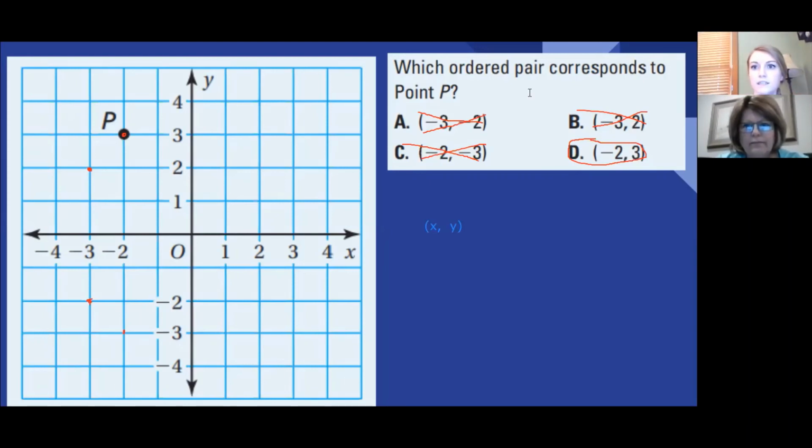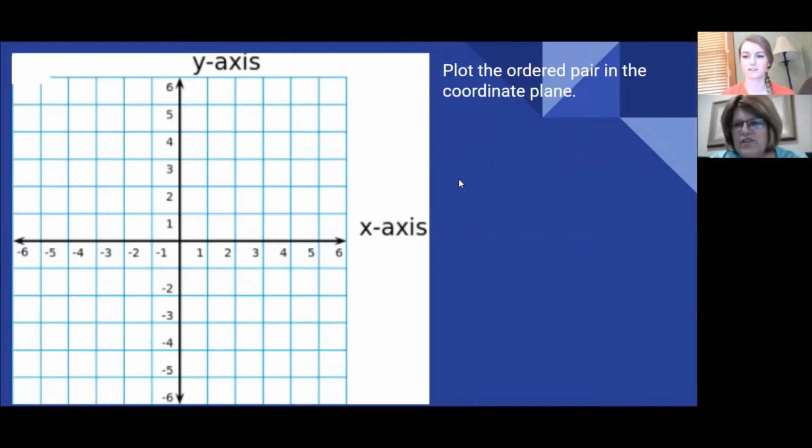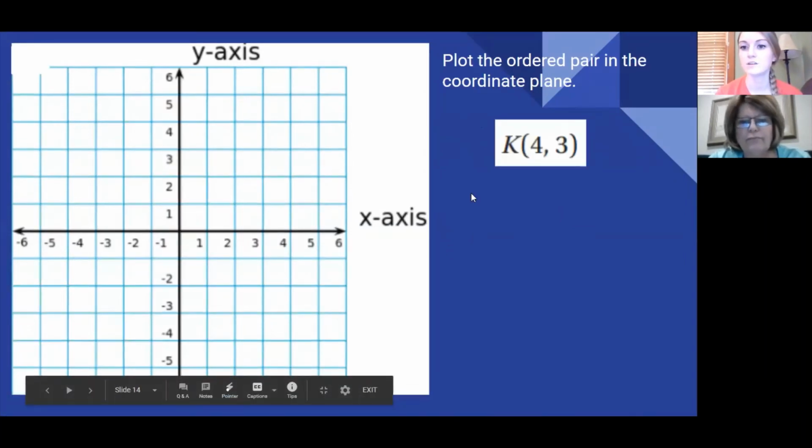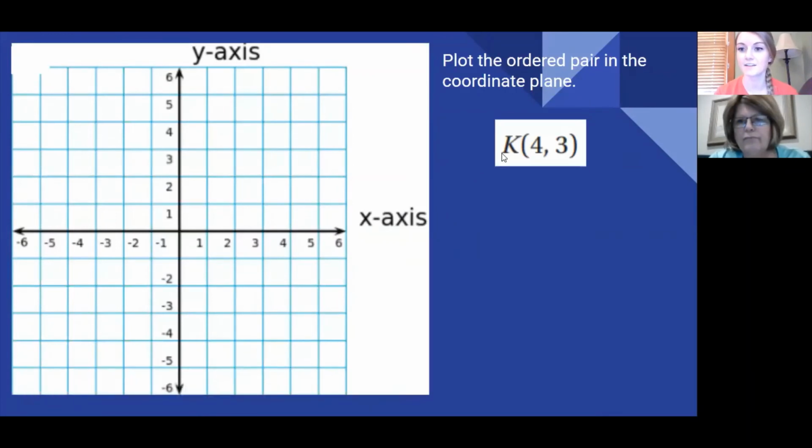So, what's next, Mrs. Zimmerman? All right, here's what we have next, Mrs. K. So I need to plot the ordered pair in the coordinate plane. So I got my coordinate plane over here, and we're looking for an ordered pair. So what I have here is K, and then in parentheses, I have 4, 3.